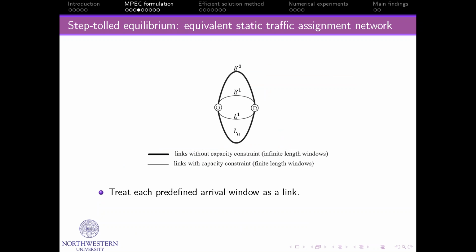Here we treat each predefined arrival window as a link, linking the origin and destination, where the origin is the residential area and the destination is the business district. There are capacity constraints for links representing the windows because they have a finite length of time.